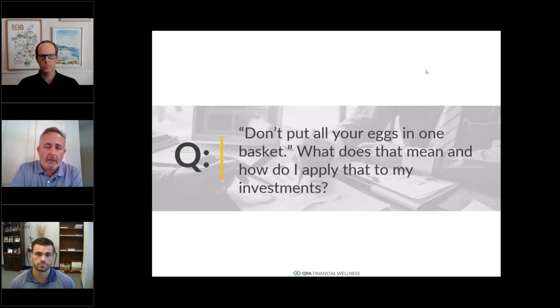Sure, and I know that we've all heard this, maybe exactly this way, or maybe in other ways that get to the point of don't invest all of your money or a large portion of your money in one specific investment. That could be one company stock, or one mutual fund, or one bond, or even one category of type of investment, right?